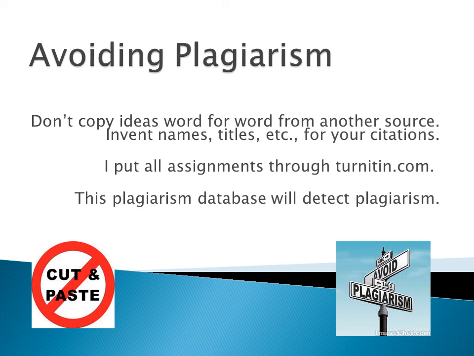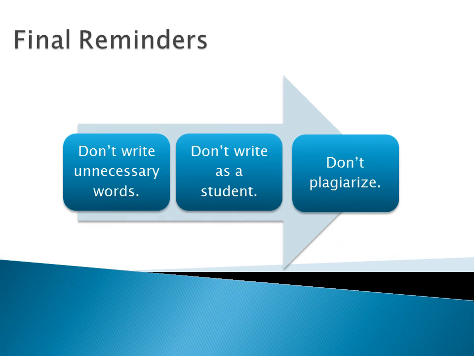You can make it about global warming, but just make it clear you invented it. I put the assignments through Turnitin.com and it will detect plagiarism. And finally, 3 reminders. Don't write unnecessary words, don't write as a student, and don't plagiarize.